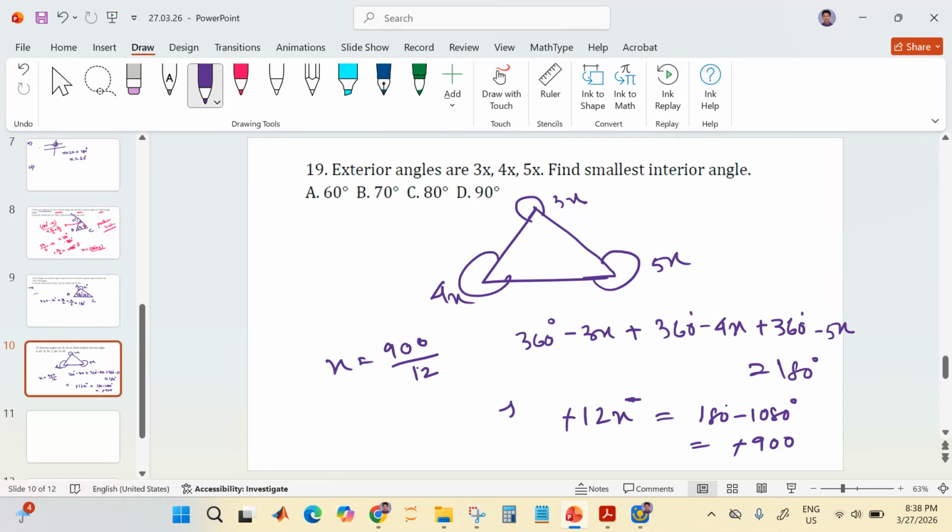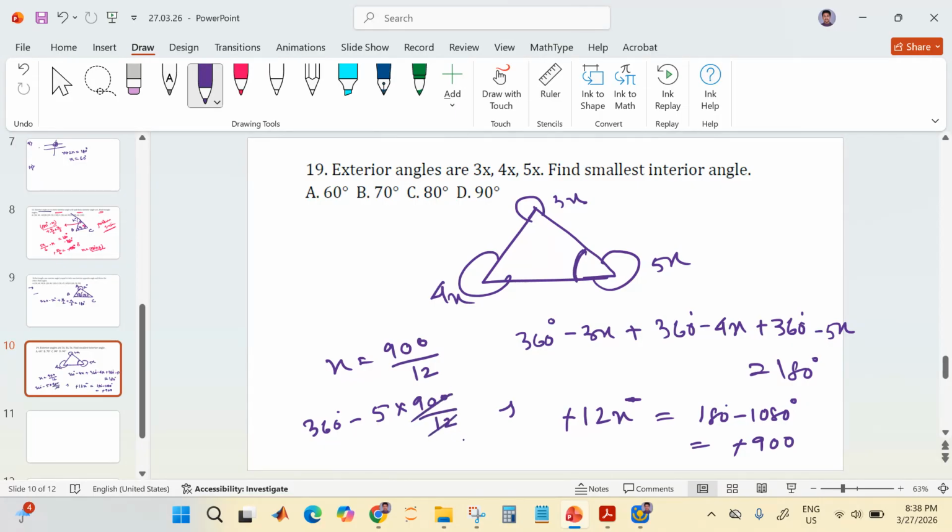Find the smallest interior angle. So this is the smallest interior angle, right? Because it is 5x, so 360 minus 5x. So 360 degrees minus 5 into 900 by 12.